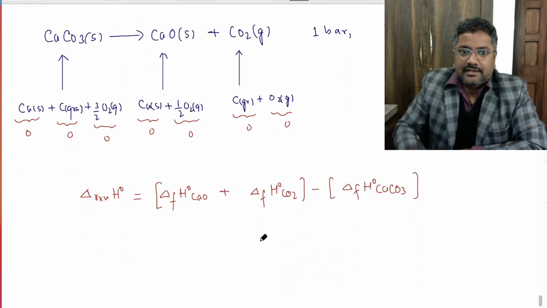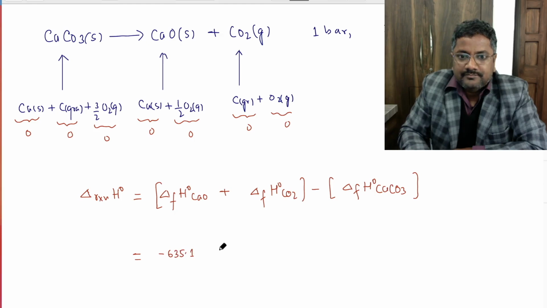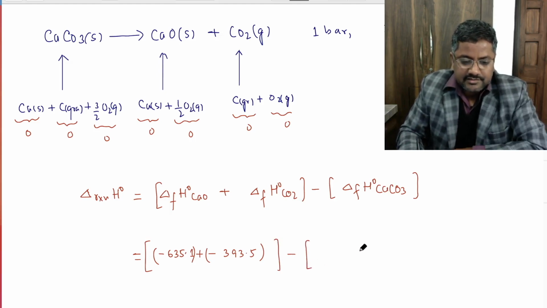From a data source, I can take calcium oxide as minus 635.1, carbon dioxide as minus 393.5, minus calcium carbonate, which is minus 1206.9.